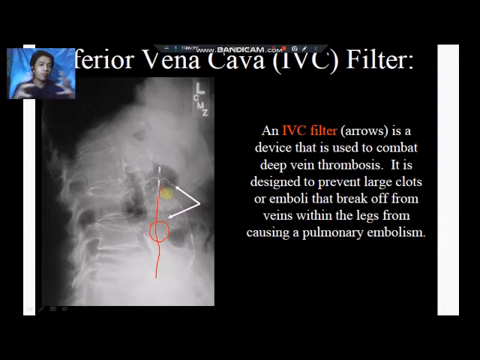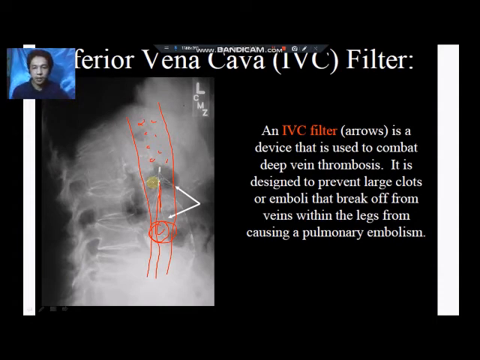Basically, it breaks up the blood clot, so that when it arrives at this portion, say this is your IVC, this is the diameter. Okay, when the blood clot arrives here, it is still whole, coming from your legs. After it passes through the filter, it becomes smaller pieces. Okay, so the possibility that they will block off the pulmonary circulation will be lesser.